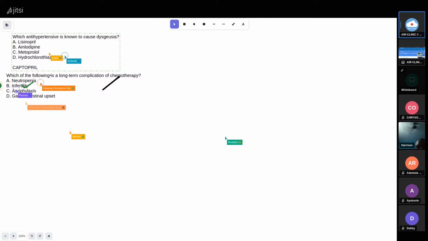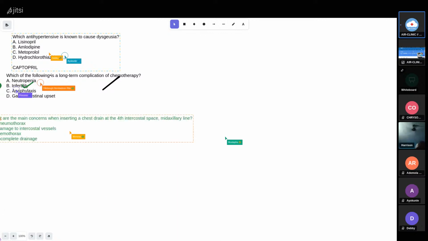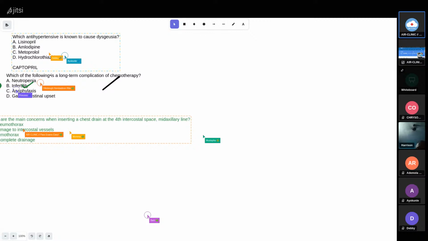So, chest drain insertion, the primary concerns. This question tests your knowledge of what will be your primary concern. I mentioned this in passing the other day.